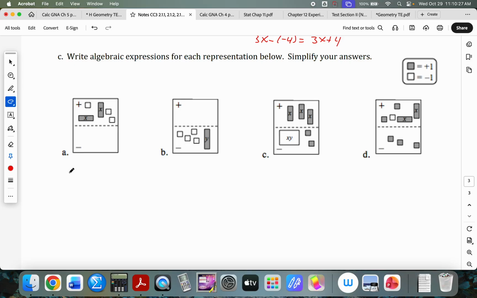Are they positive x's or negative? Positive. Again, let's stop playing with the tiles for a little bit and let's try to keep them off the floor. So that's going to be 2x, and then I've got 3 negatives, so that would be 2x minus 3.